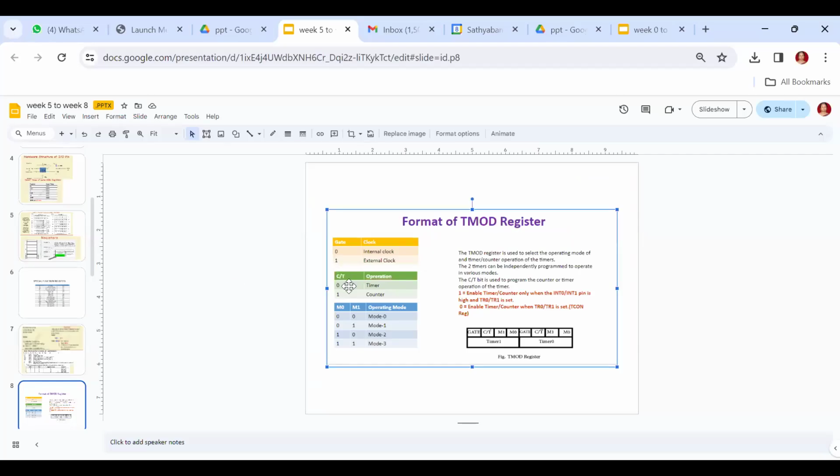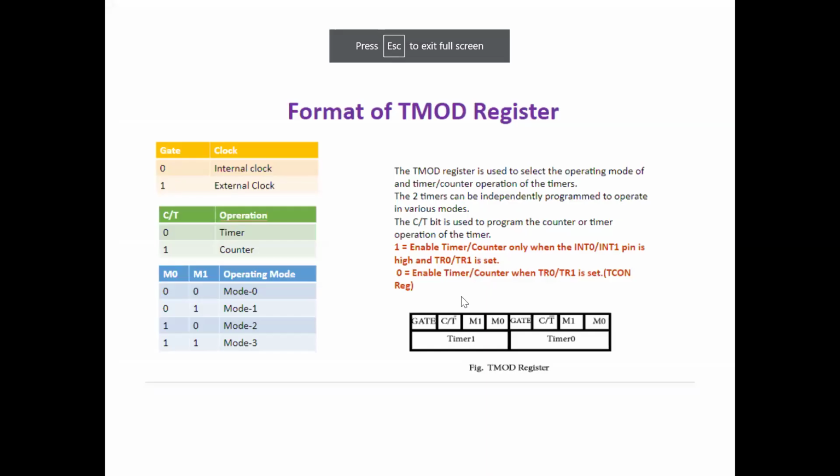How do we know? Because it is C slash T bar actually. It is an image, so I can't edit it now; I will edit and upload it. Because T bar, 0 bar is 1. That is the meaning of that. So timer is a low activated signal, counter is a high activated signal.